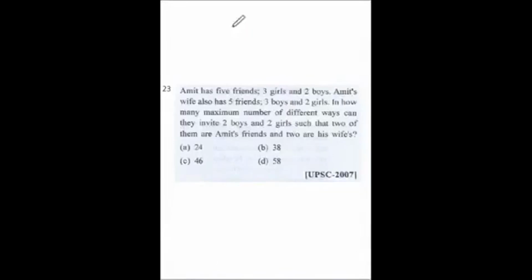Here we have 3 girls and 2 boys for Amit's friends, and his wife's friends are 3 boys and 2 girls. So we can have 2 from each, and we have to have 2 girls and 2 boys.